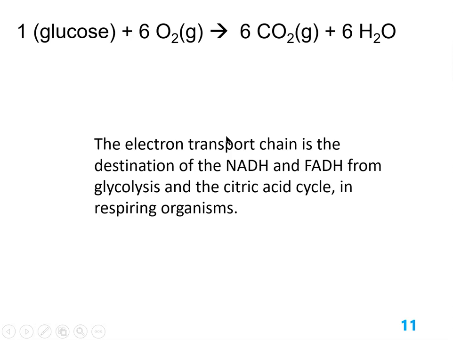Again, the idea is that the electron transport chain is going to take the NADH that was made in glycolysis and pyruvate oxidation and the citric acid cycle and some of the FADH2, and those go into the electron transport chain.